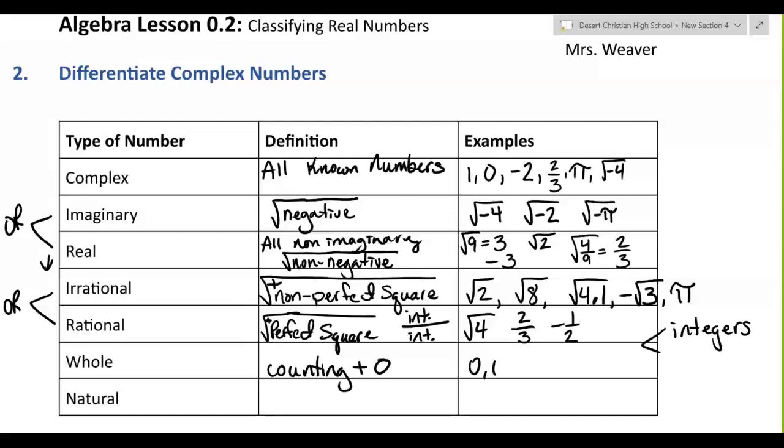So 0, 1, 2, 3, and so on. Natural numbers are just our counting numbers. Integers include our negatives. -3, -2, -1, and our positives, and so forth.